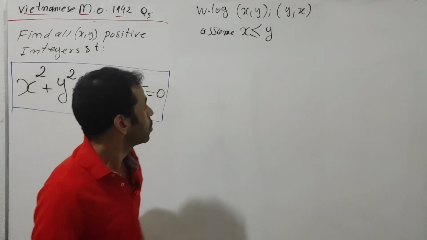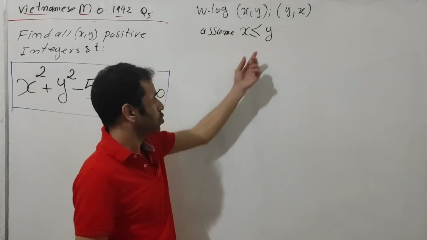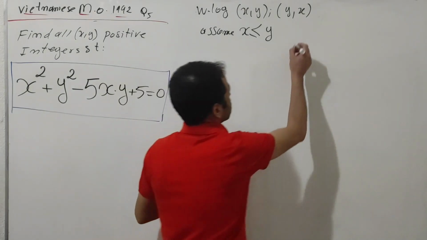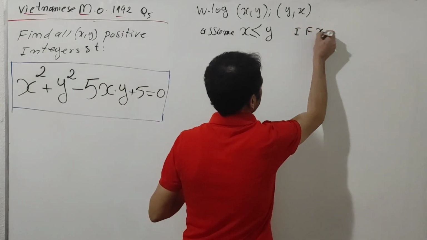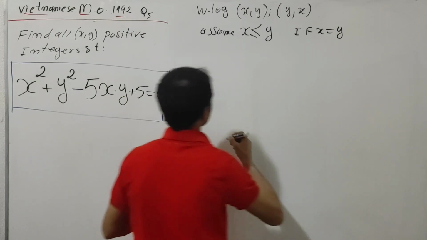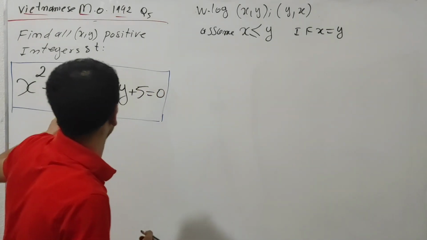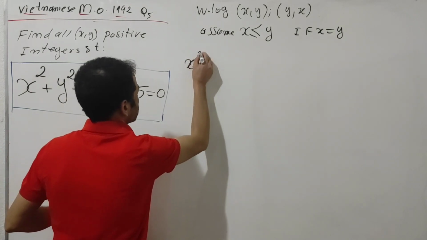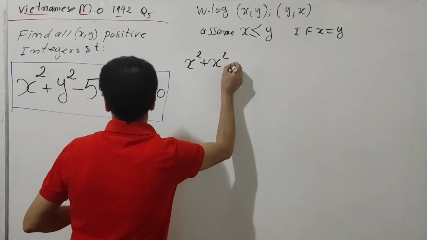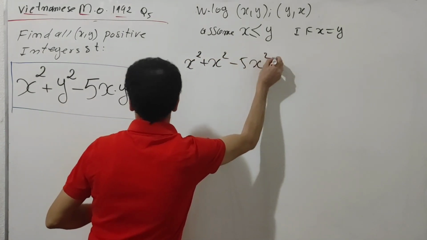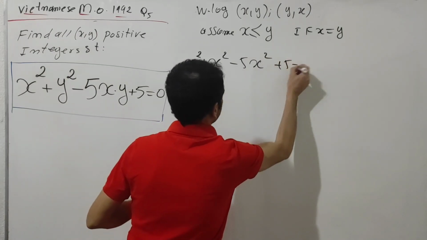Okay, so now this will be broken into two cases. If x equals y, let's see what we get by replacing y with x in this equation. I will have x squared plus x squared minus 5x squared plus 5.